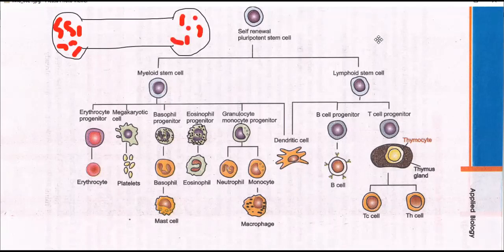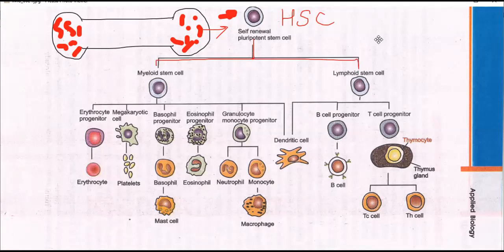That red bone marrow is having these kind of stem cells. What do you call the stem cells? They are called hemopoietic stem cells. These hemopoietic stem cells differentiate during the formation of blood cells.